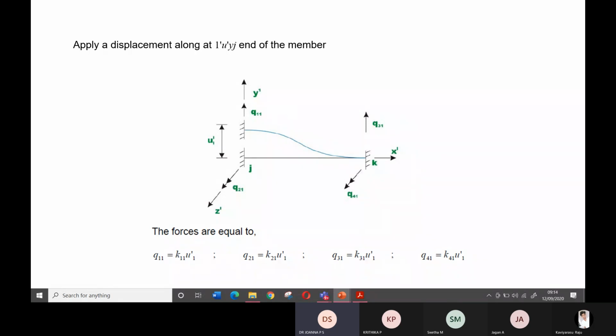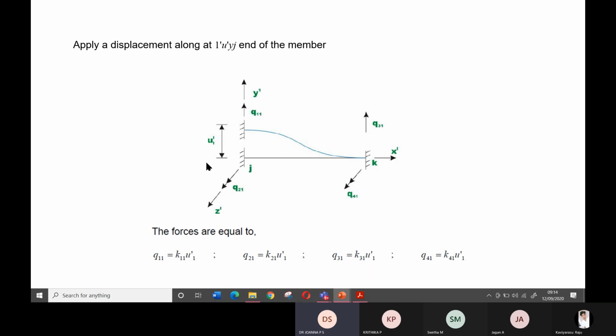Have you understood? If anybody is not understanding, please tell me. This is a basic concept. First I have to write the node numbering. At that node, the forces acting are the vertical force and the moment, that is the translation and the rotation. Translation I call 1, rotation I call 2. At the other end, vertical translation I call 3 and rotation I call 4.